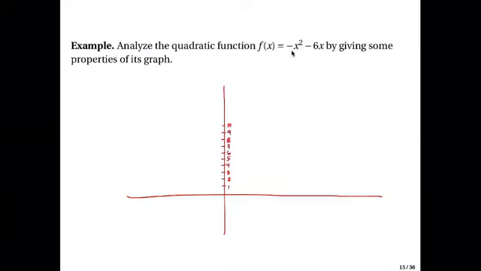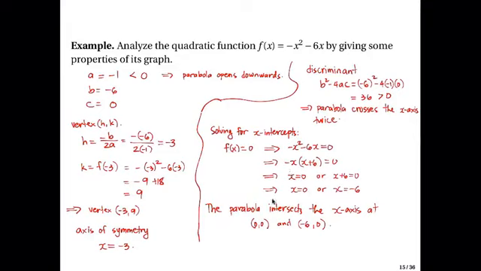And then based on the information that we have, we need x equals negative 3, we need 0, and also negative 6. So we label those points.